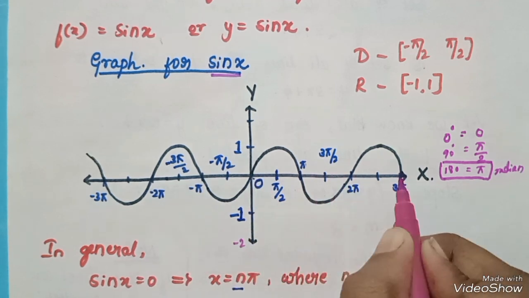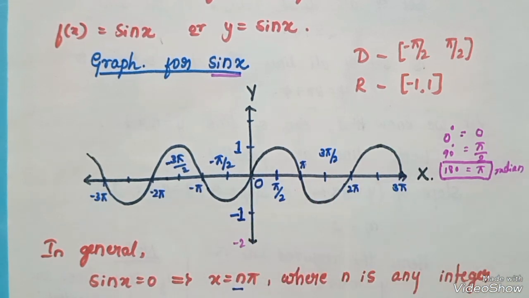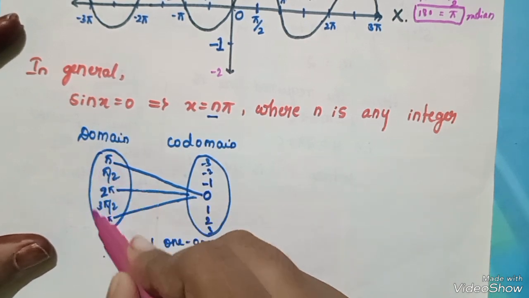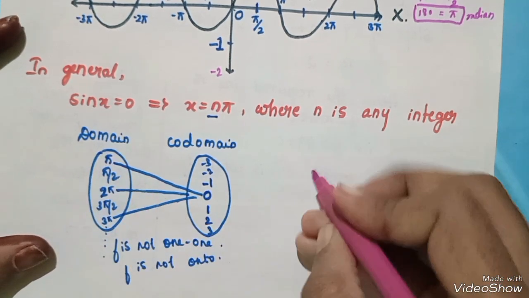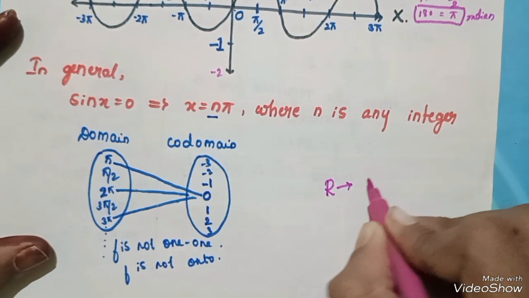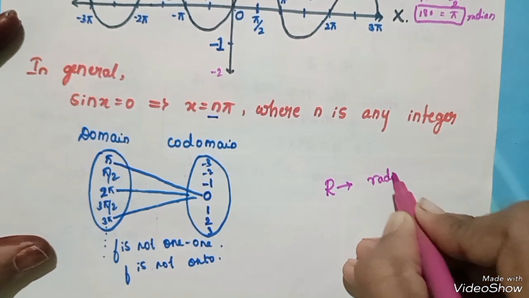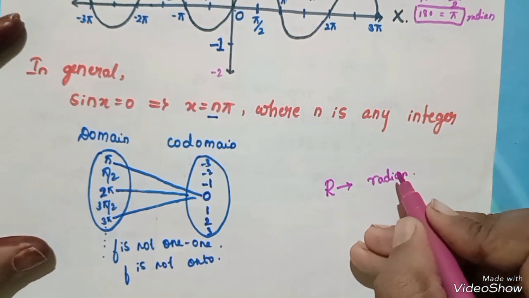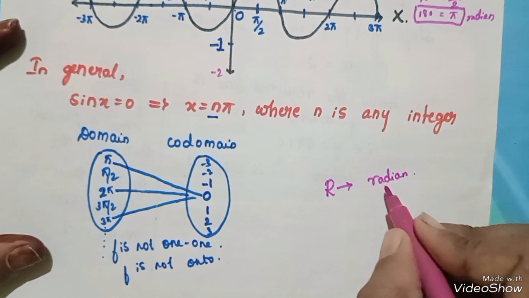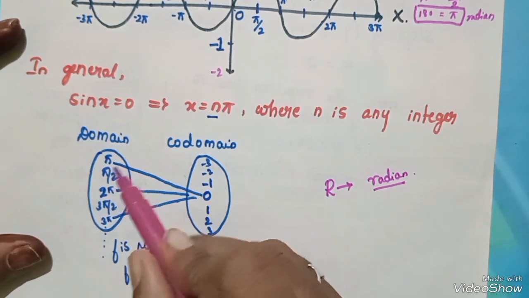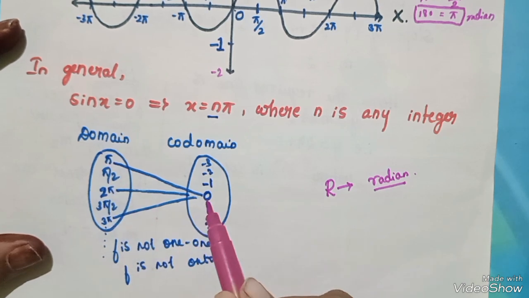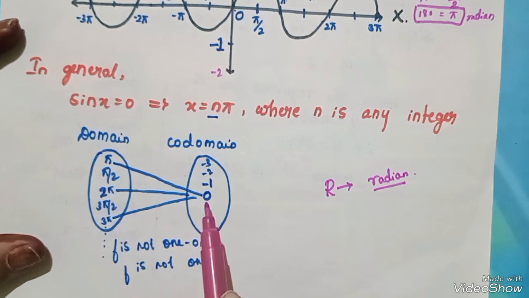It is shown in the graph. All domains are real numbers, but these real numbers are expressed in radians for trigonometric values. For the value pi the result is 0, for 2 pi it is 0, for 3 pi it is 0.